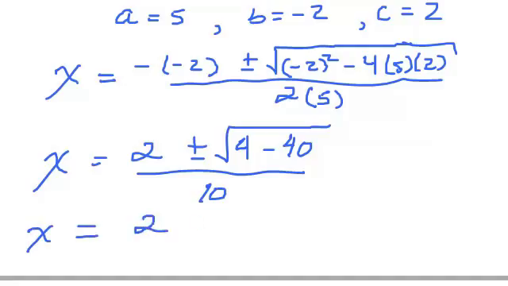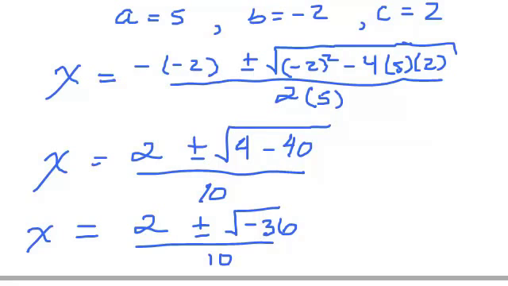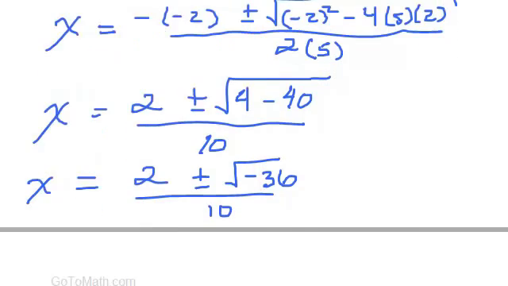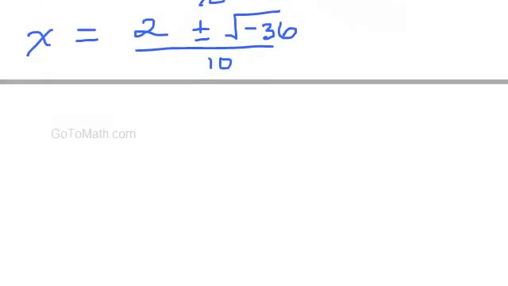So we have 2 plus or minus. So we have 4 minus 40. That's going to give us, does that give us 36, right, over 10. So 2 plus or minus.